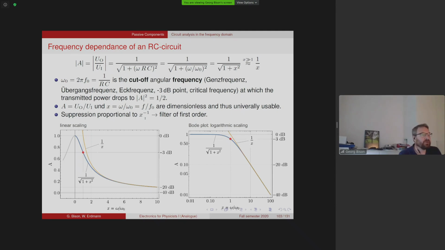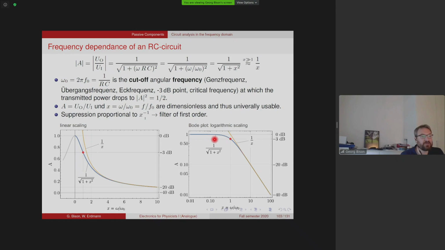Okay, now I've drawn the exact same 2 functions in a double logarithmic plot, and then they look quite different. Now you see why the RC circuit is called a low-pass filter. At low frequencies, the transfer function is 1. This means the signal goes through with the same amplitude.